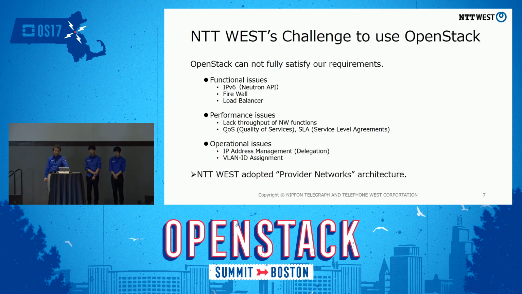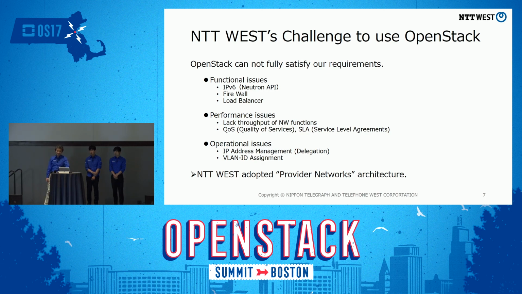Finally, operational issues. In fact, rather than the problem of OpenStack, there are many problems in our management policy. In order to connect with an existing system not managed by OpenStack, it was necessary to be able to manually assign IP address and VLAN ID, not fully automatic.